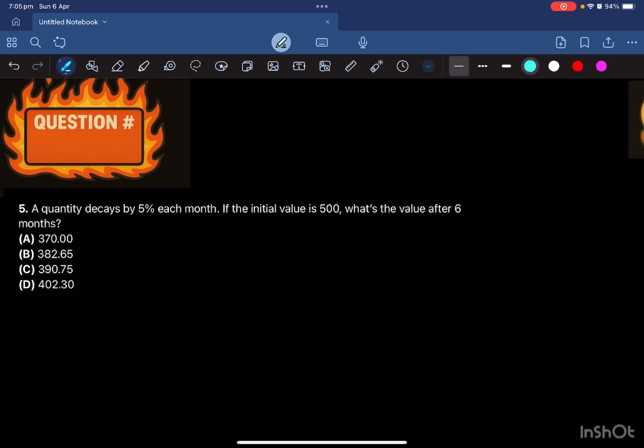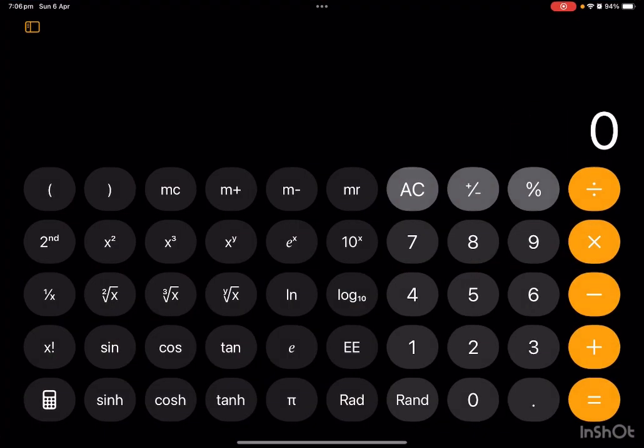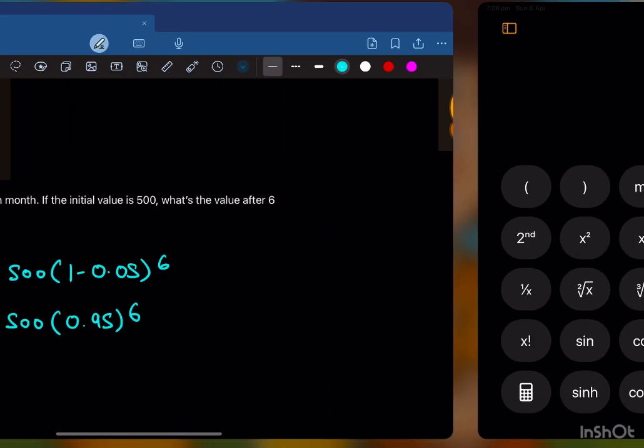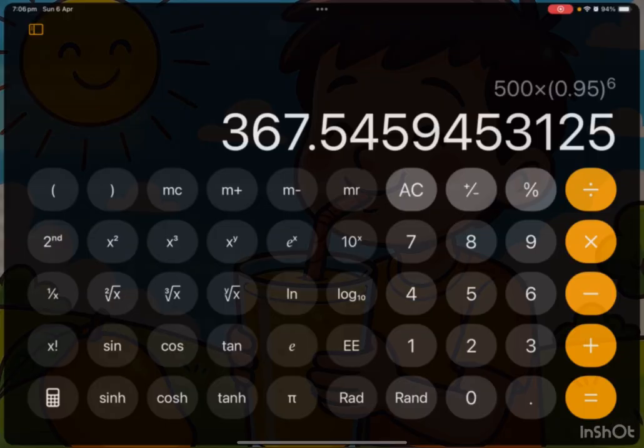Okay, we have decay. 500 times (1 minus 0.05), so 500 into 0.95 to the power 6. That gives 367.5, which will be close to 370, as many options are very far from each other.